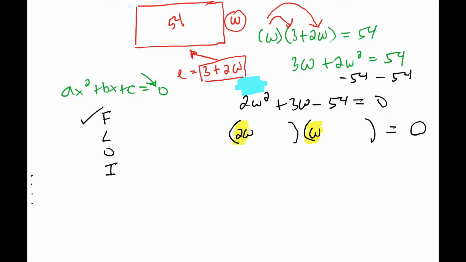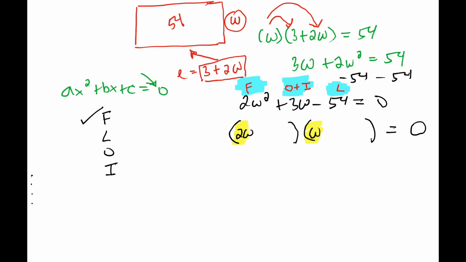I'm going to just do it like this. This is your first. This is your outside plus your inside. And this is your last. So we're going to go straight to the last. Don't even think about it, don't even try to plan it out in your head. All you've got to do is ask yourself, how do I get 54 from my third grade multiplication facts?